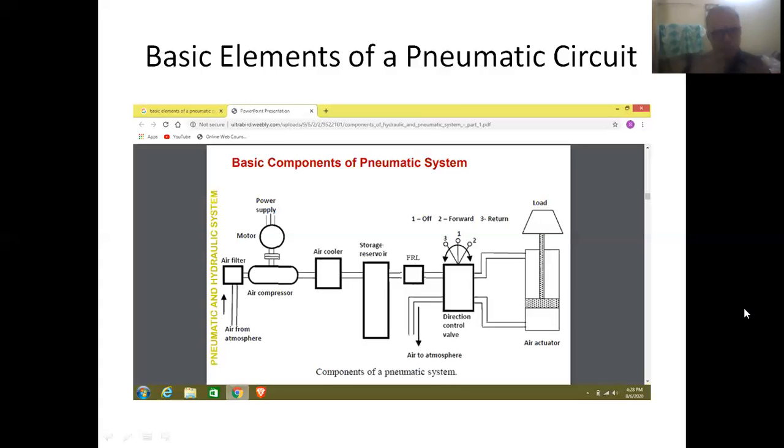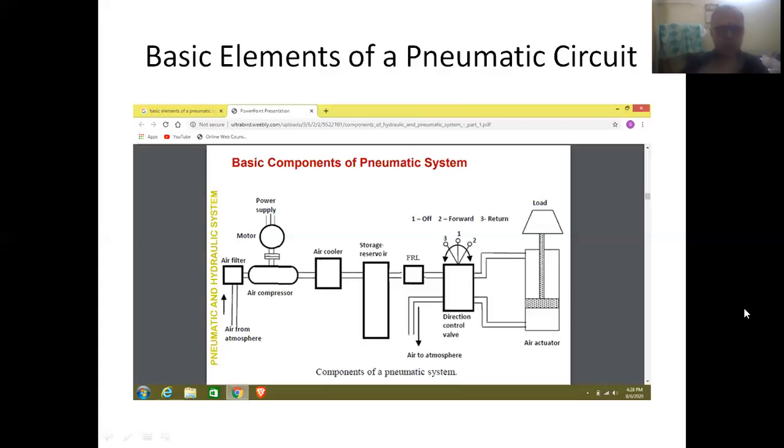A lubricator is meant for sending lubricating oil along with high pressure air into the cylinder. So friends, these are the necessities of using these items. Filter for removing impurities, regulator for regulating the pressure of the fluid, lubricator for providing lubrication for the piston that is moving inside the air cylinder.